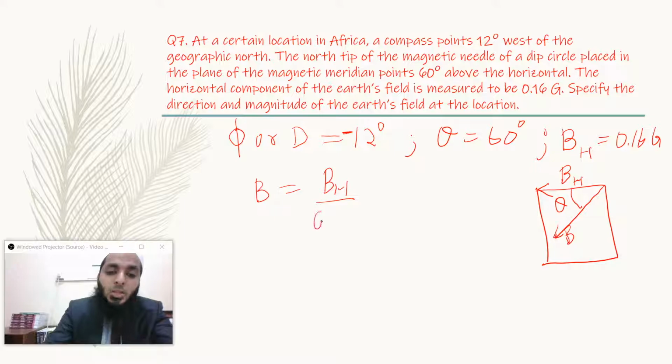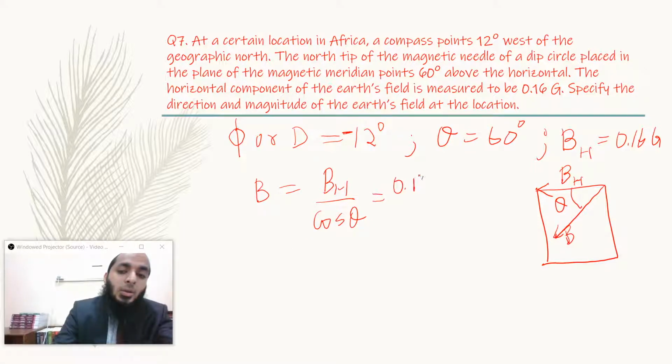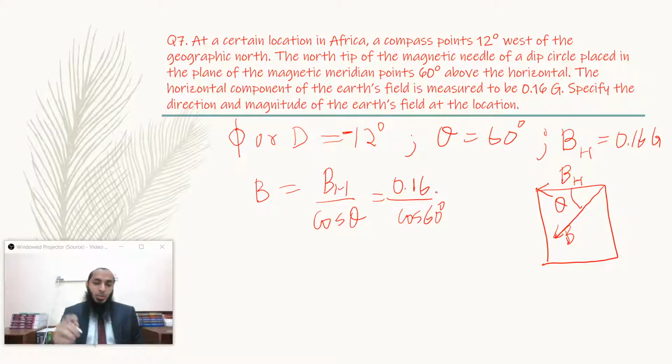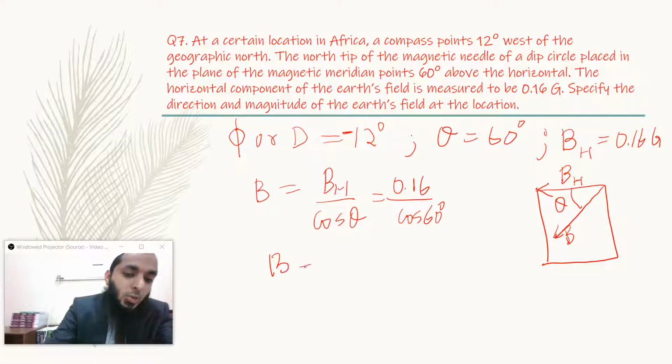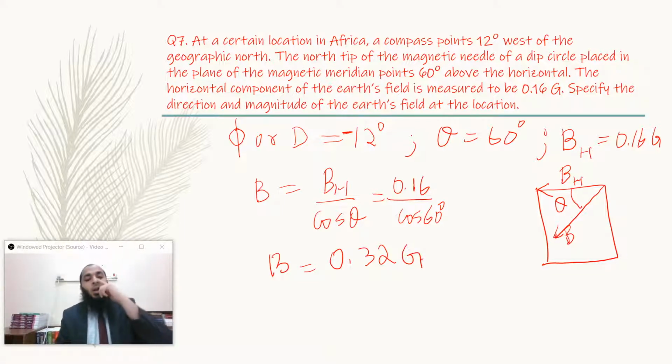B will be BH divided by cos theta, where theta is given, so we can clearly get it. It is 0.16 divided by cos 60, and cos 60 is nothing but 1 by 2. So if you have 1 by 2 in the denominator, that 2 will go in the numerator, and your answer will be B is equal to 0.32, which is nothing but 0.16 into 2, this many Gauss. And this is the magnitude.